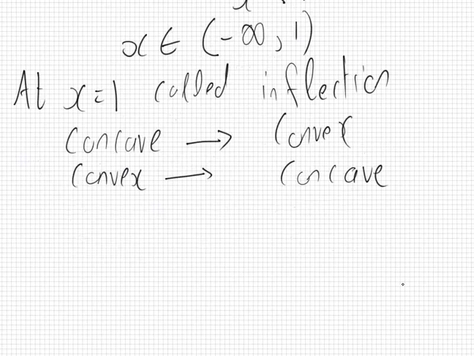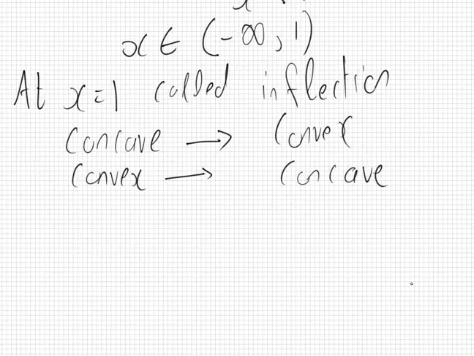Is it like a turning point? See, then it gets really complicated, so I don't want to go too deep into detail, but it's a type of turning point. A turning point for the first derivative, kind of.